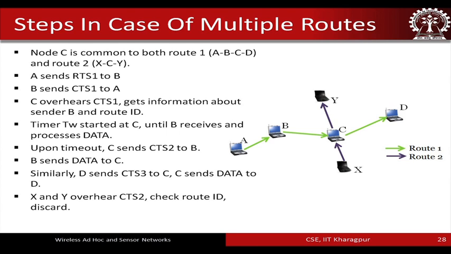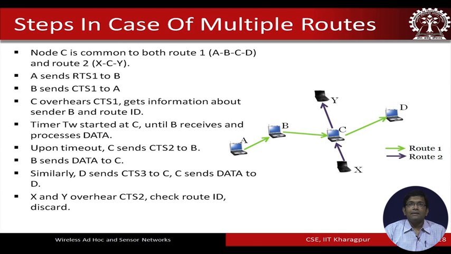If there are multiple routes, which is quite common in ad hoc networks, this is what is going to happen. In this example we have a scenario of A, B, C, D, and two routes. This is route 1, shown in the green color, and the other one is X, C, Y, the black colored route.